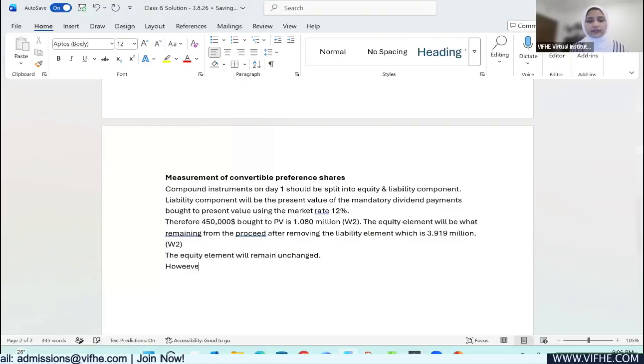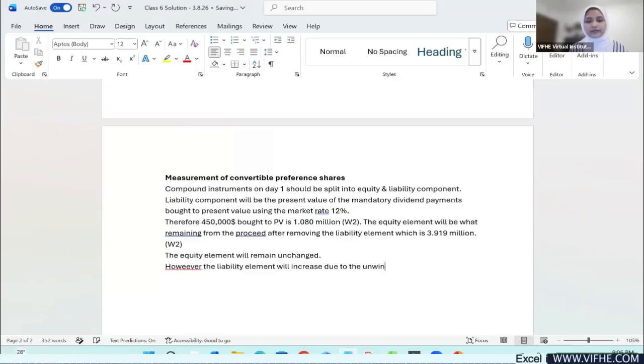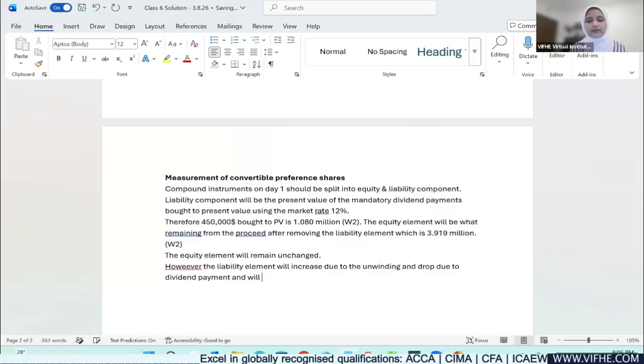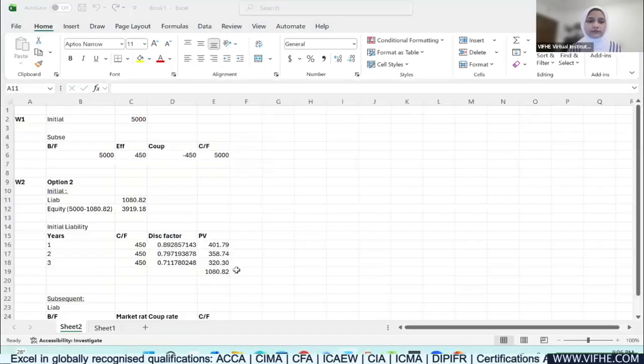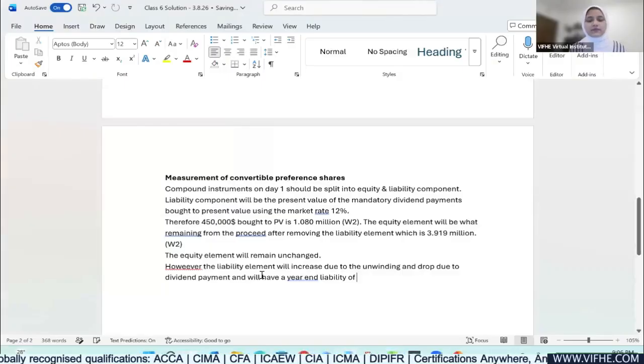However, the liability element will increase due to the unwinding and drop due to dividend payment, and will have a year end liability of 0.760 million.